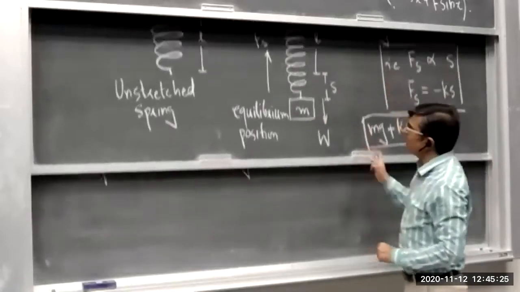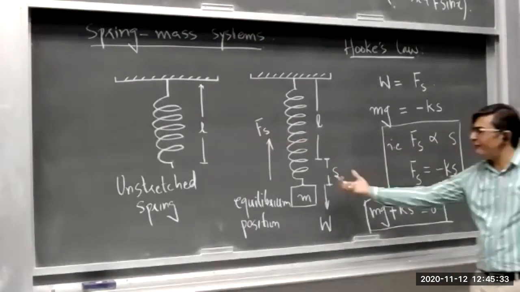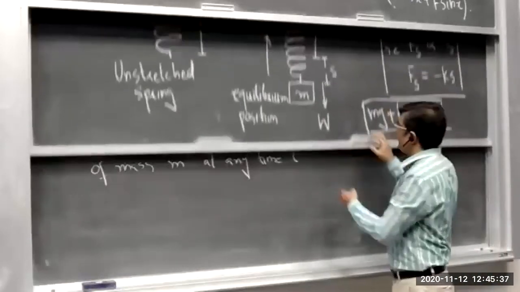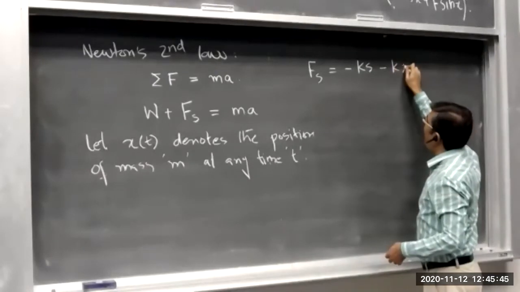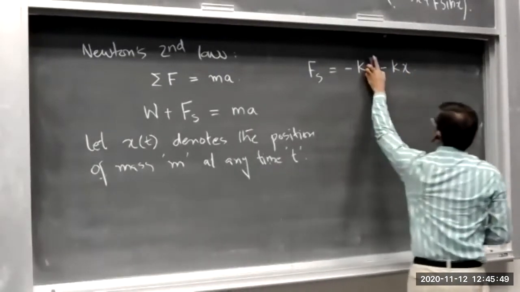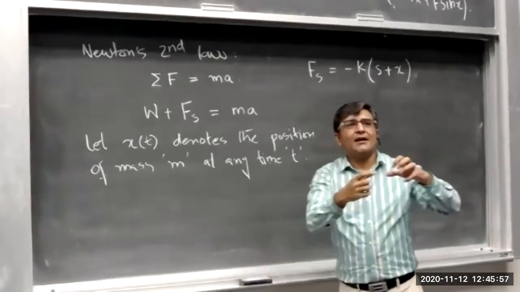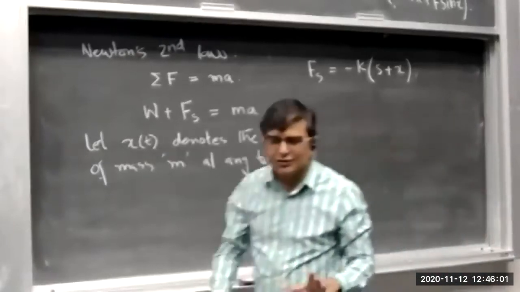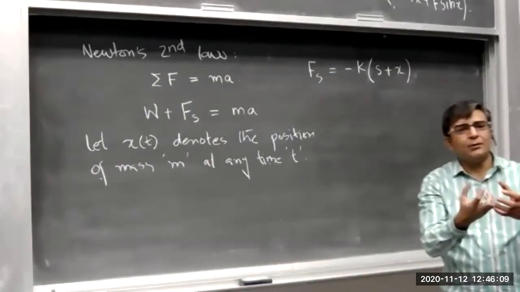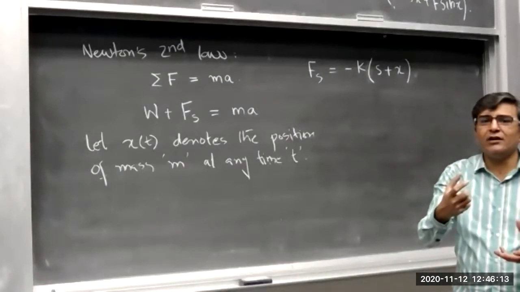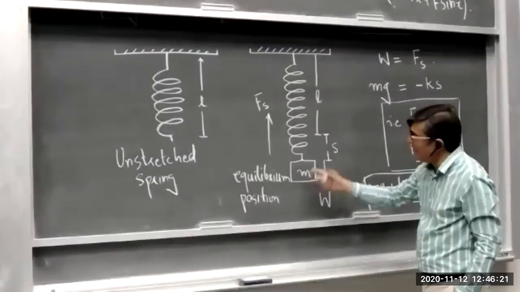Now the restoring force, which was minus Ks, becomes minus K times S plus minus K times X, or simply minus K times (S plus X), because now the extension is S plus X. S is the extension due to the mass of the object, and X is the extension due to the pull with which we put the mass in motion.